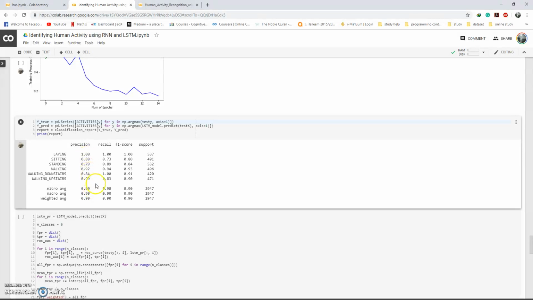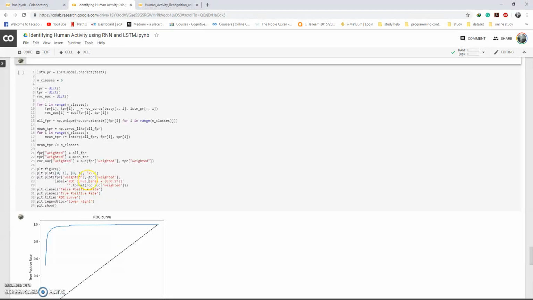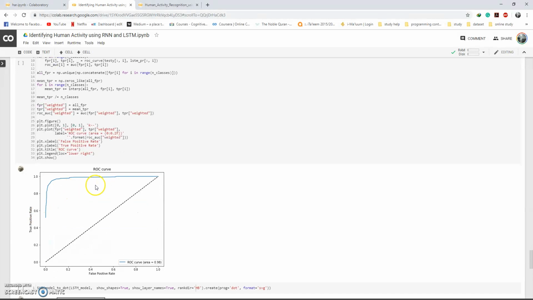The precision, recall and F1 score all became pretty similar. Now if we plot the ROC curve, it says that the area under the curve is 98%, which means that 98% of the activity is properly recognized.